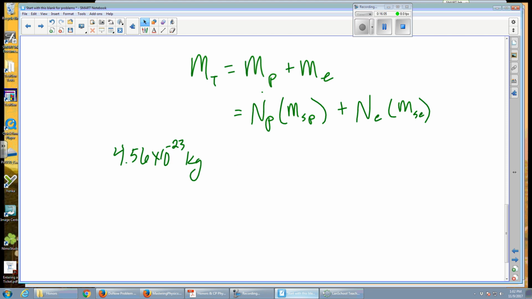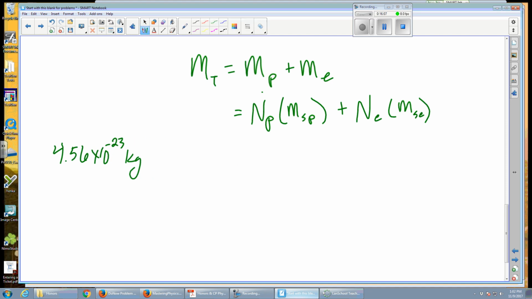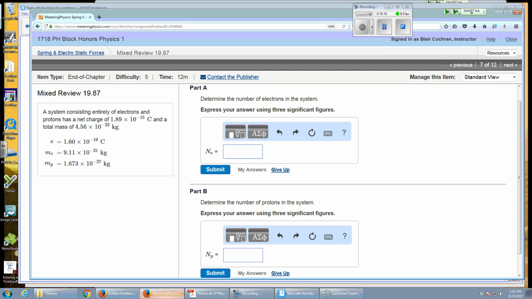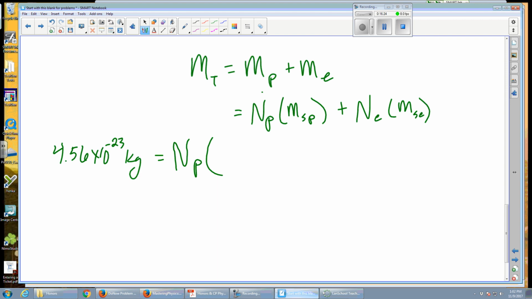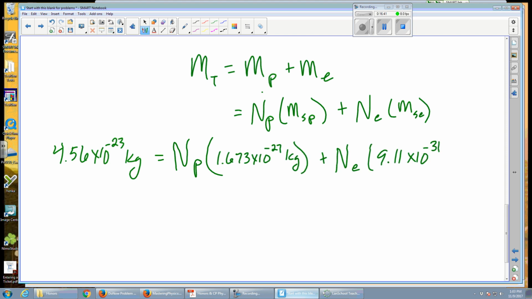I'm going to move that over now, because that equals the number of protons, which I don't know, times the mass of a single proton, which they tell me is 1.673 times 10 to the negative 27 kilograms, plus the number of electrons times the mass of an electron, which is 9.11 times 10 to the minus 31st kilograms.